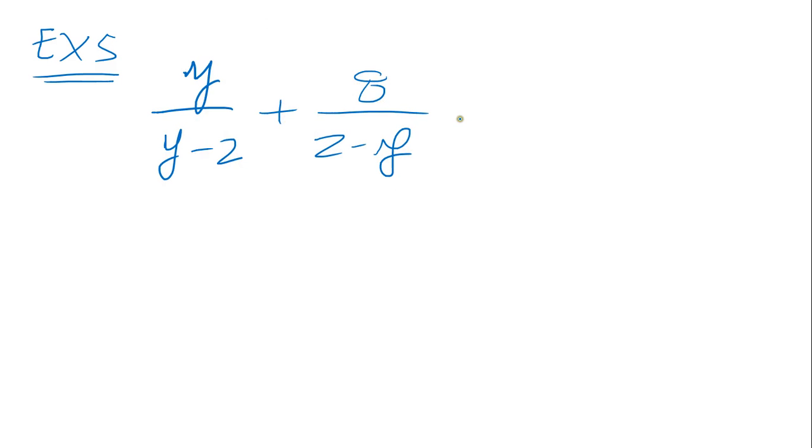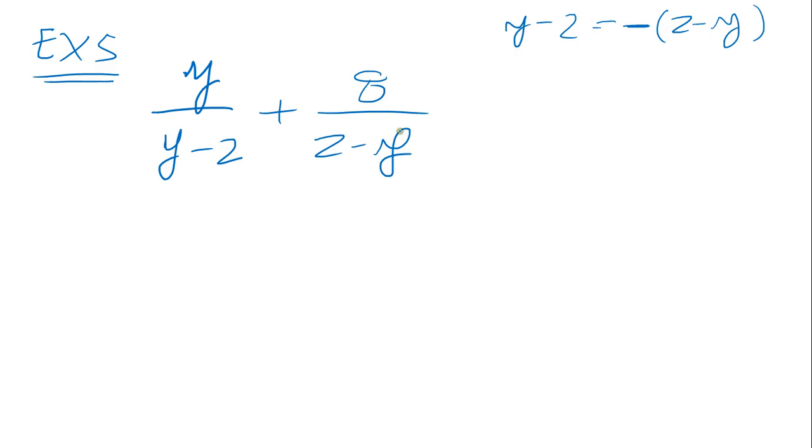And that's going to give me, so notice these two basically, and that little squiggle is a y. So basically these almost have the same denominator, but y minus 2 equals minus 2 minus y.